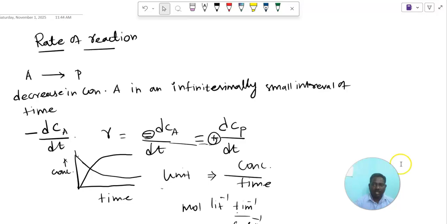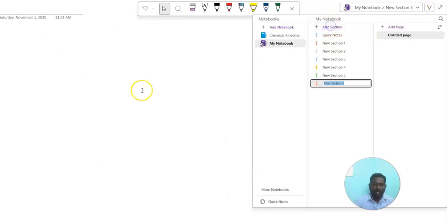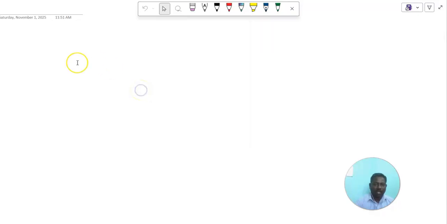So next we see rate law and rate constant. Before that, we will see one more reaction. Let us consider A plus Q gives a product. How can we write rate for this?